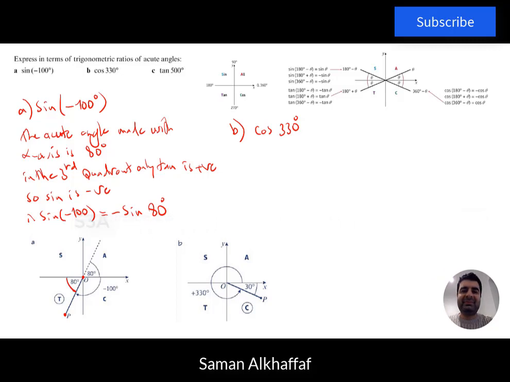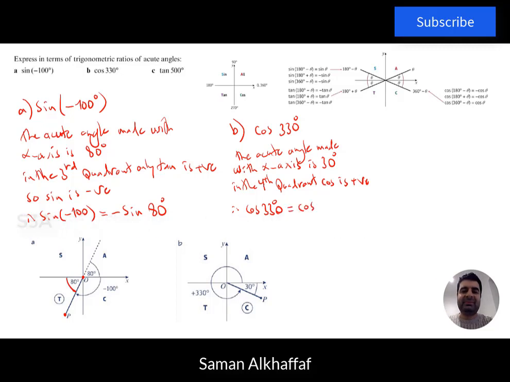So the way we can explain this, we say the acute angle made with the x-axis is 30 degrees, and in the fourth quadrant cosine is positive, so that tells us cosine of 330 degrees will be equivalent to positive cosine of 30 degrees, and this will be our answer for part B.